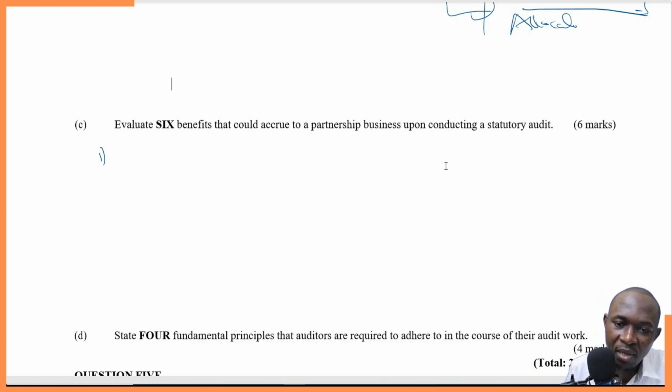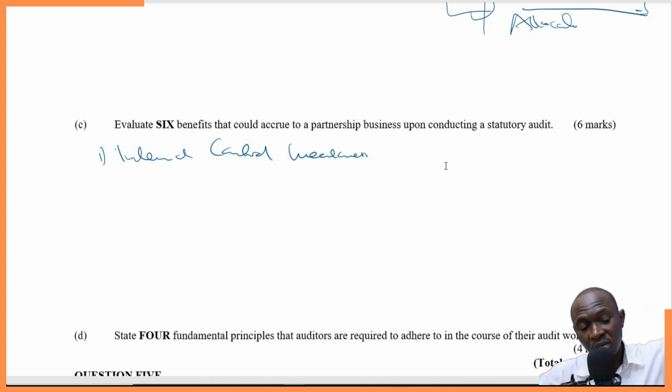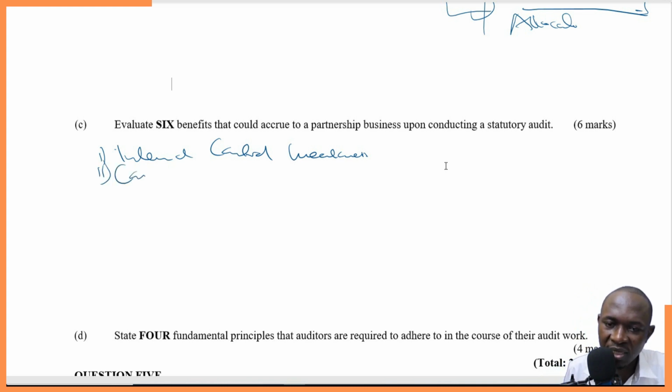Number 1, they'll be able to understand their internal control weaknesses, and of course, once they understand, they can take corrective measures, which will go a long way in boosting their business.